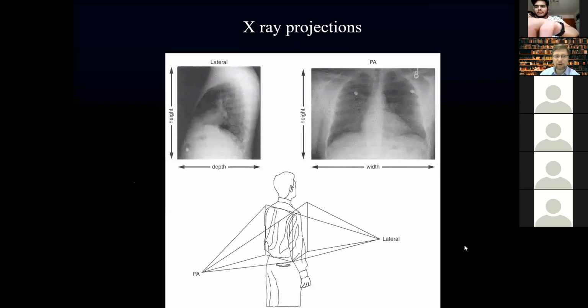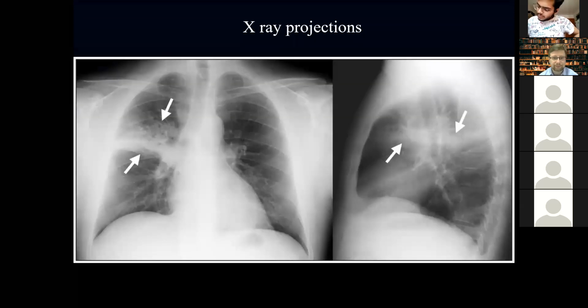Again, posterior-anterior projection. You can see the result of such imaging, PA. The lamp is here, the film is here, and lateral: the lamp is here, the film is here. As a result, we obtain imaging in two projections. If we talk about pathological findings, here we can see, for instance, patchy consolidation.